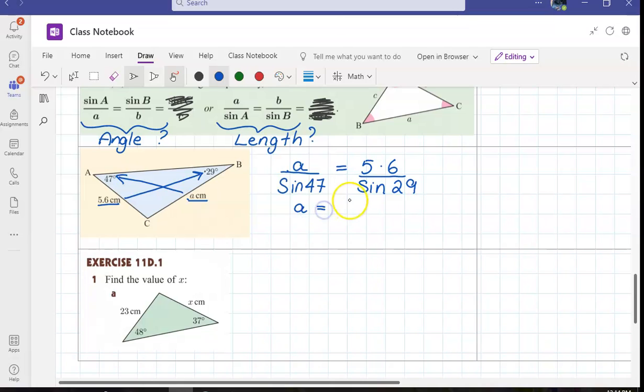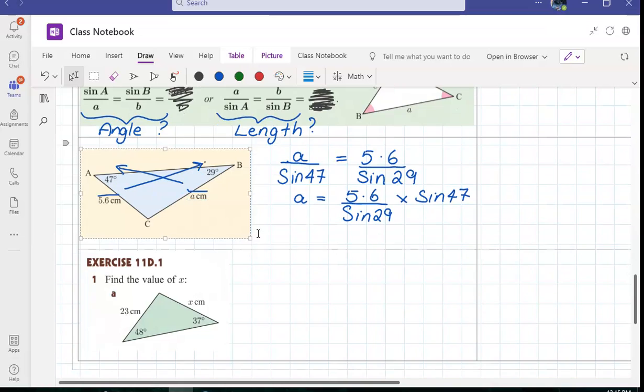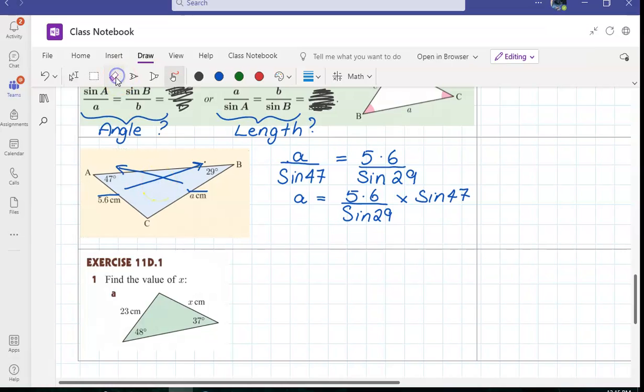Therefore, A is 5.6 over sine 29 times sine 47. And that's it. That's exactly what goes into your calculator. And all they're going to do is just change your numbers from one question to the other.